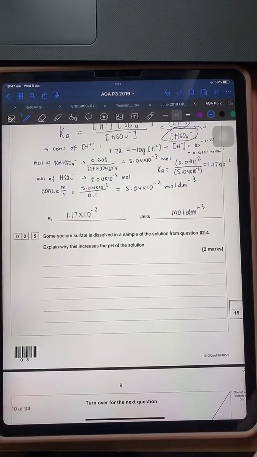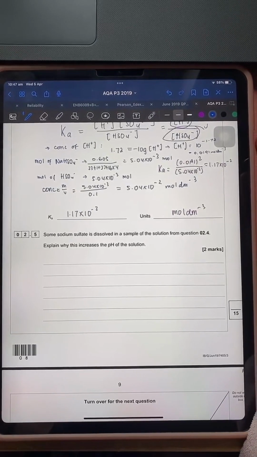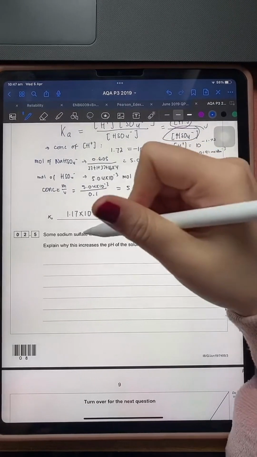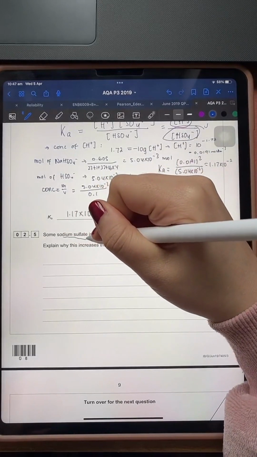Okay, so in 2.5, some sodium sulfate is dissolved in a sample of the solution from question 02.4. Explain why this increases the pH of the solution. So the sodium sulfate is dissolved in a sample of the solution.